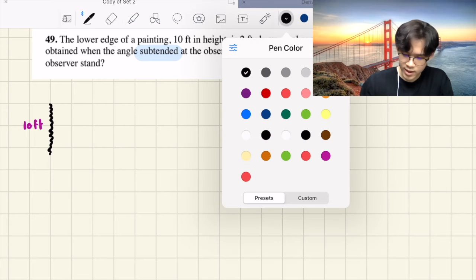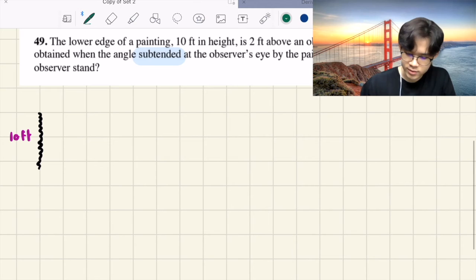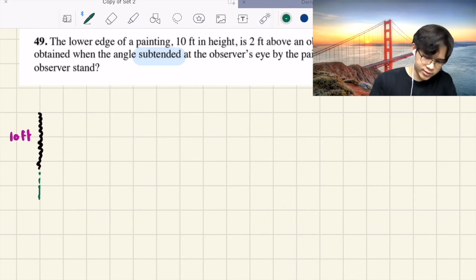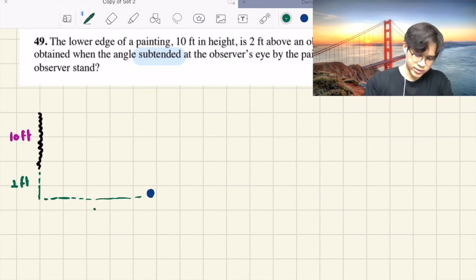And it says that it's 2 feet above an observer's eye. So 2 feet. So let's say the observer is here. And here's the distance between the observer and the painting.